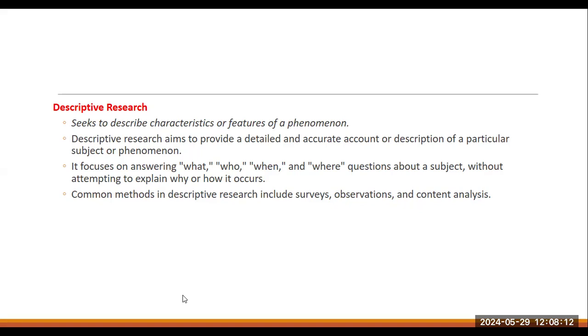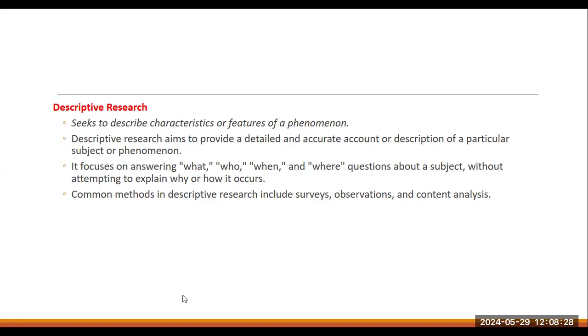And another aspect they can understand is where do most customers come from, based on the geographical locations.